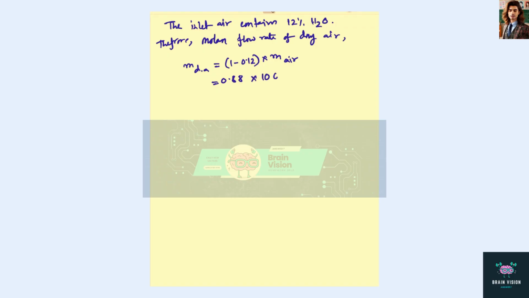The molar flow rate of air is 10,650 mole per minute, which gives us 9,372 mole per minute. Now we know that the molar mass of air is 29 grams, which means that 1 mole contains 29 grams.